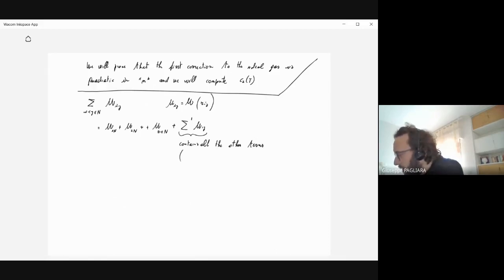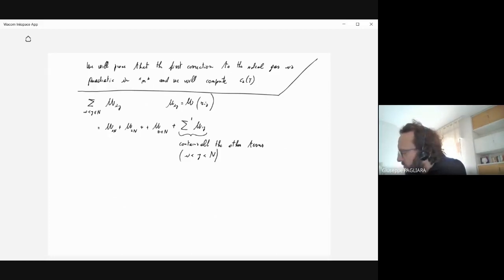Said in another way, i less than j less than n, not less equal. This sum will not include the interaction of the particles with particle n.